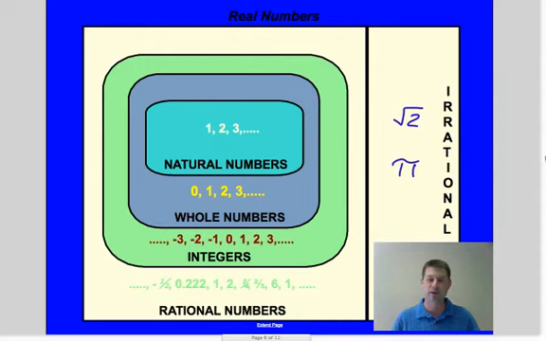However, if you're on the inside, you're inside the whole number box, the integer box, and the rational box. So therefore you're everything. You're packed all the way in the middle. So you've got to keep that in mind as you work through that. And everything in this list, even the irrationals, are real numbers.